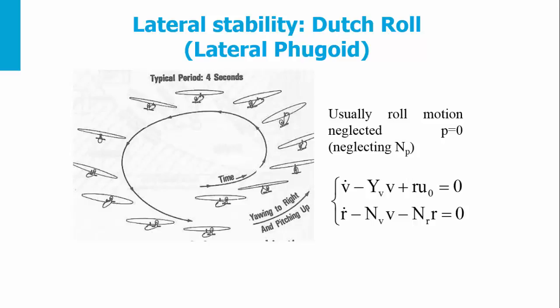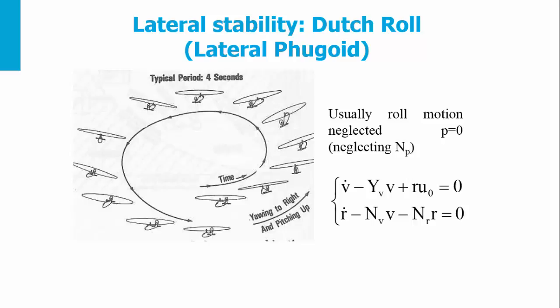The Dutch roll may be described as a yaw to the right, followed by a recovery towards an equilibrium condition, then an overshooting of this condition and a yaw to the left, and then back to the equilibrium attitude, and so on. The typical period of this motion is between 3 and 15 seconds.